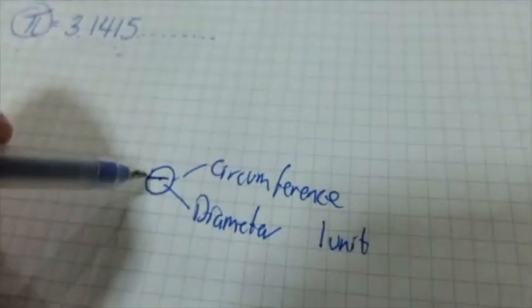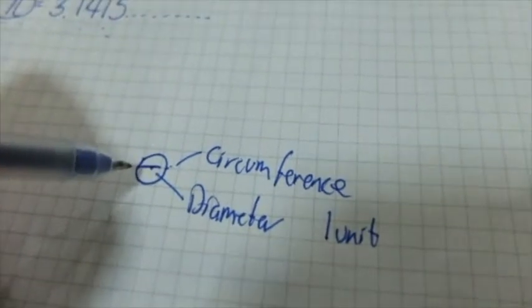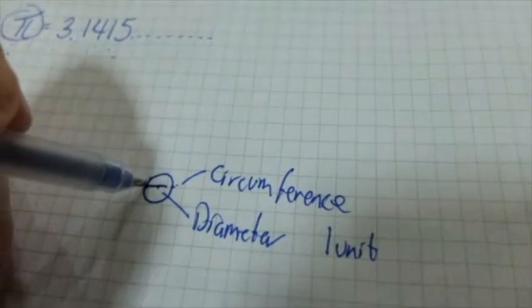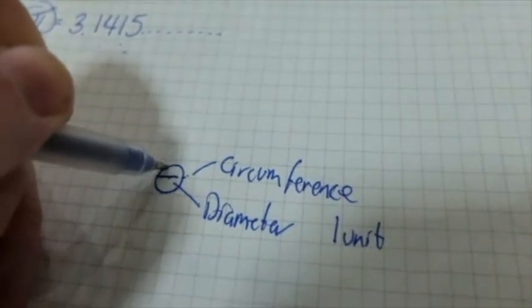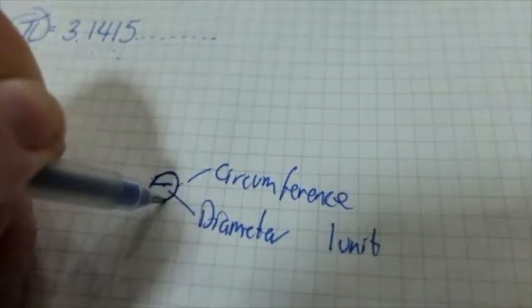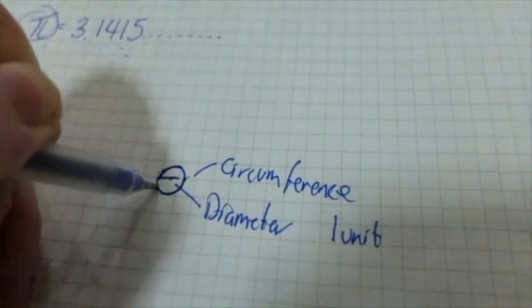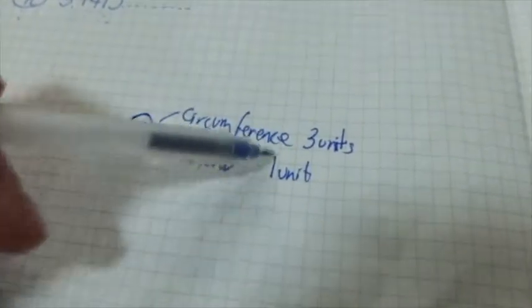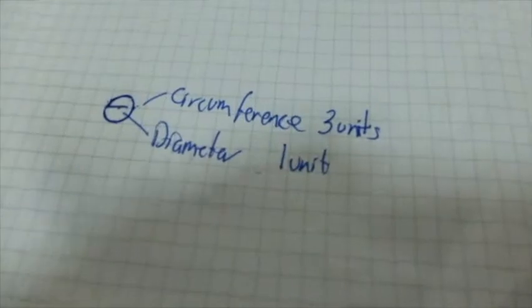The circumference is very difficult to measure because it's not a straight line, so we're going to have to estimate. That's about 1 unit, another unit, and another unit. So we'll say the circumference equals 3 units. The diameter is 1 unit, the circumference is 3 units.